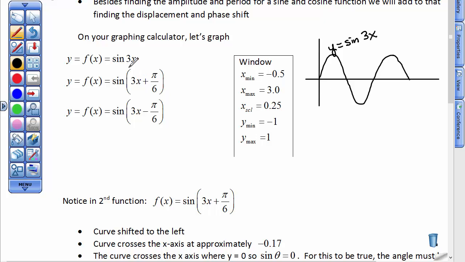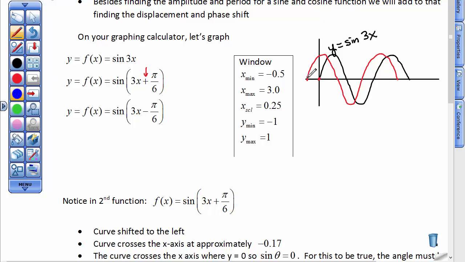But when you graph this next one with a plus sign right here, that curve will start right over here instead of right here. It's just displaced, and it will follow the curve you first typed in, the sine of 3x, but it will be shifted to the left.